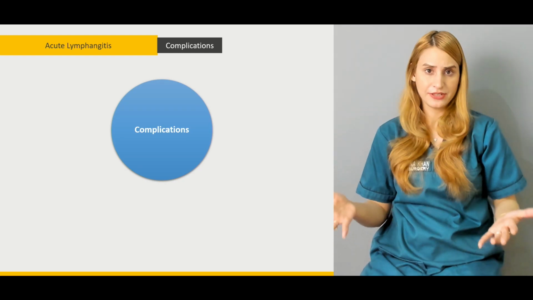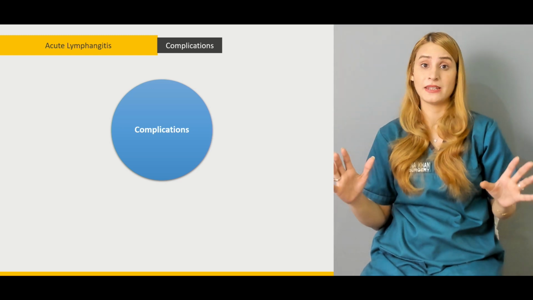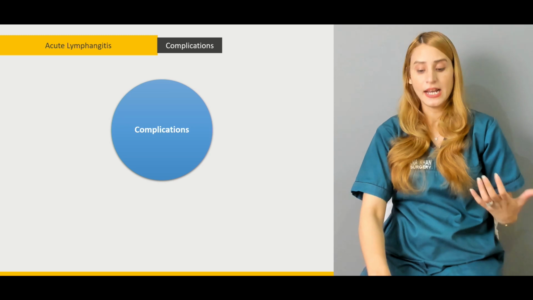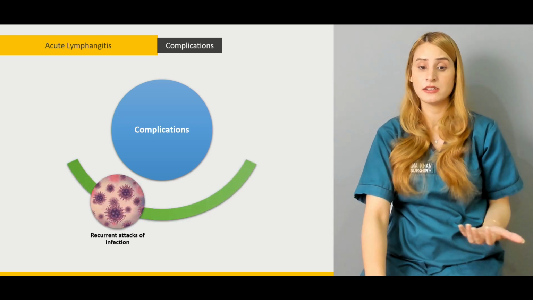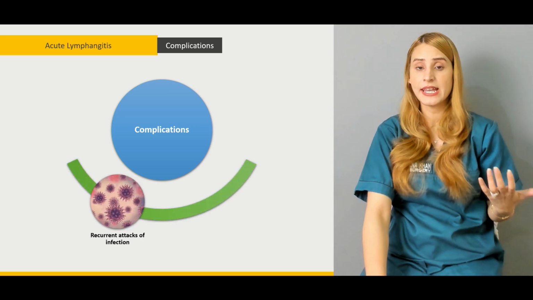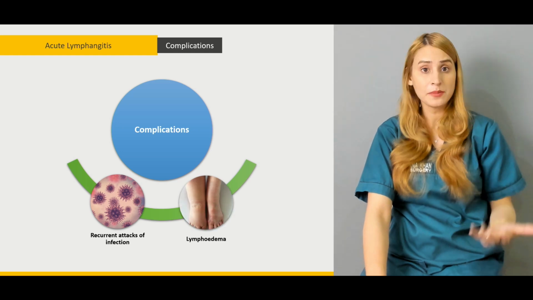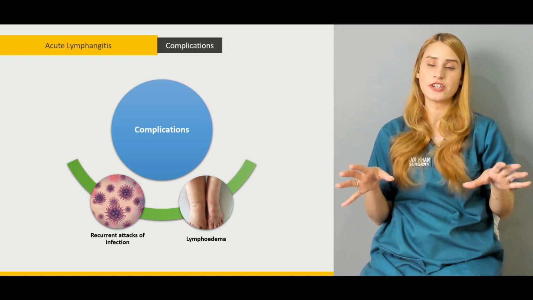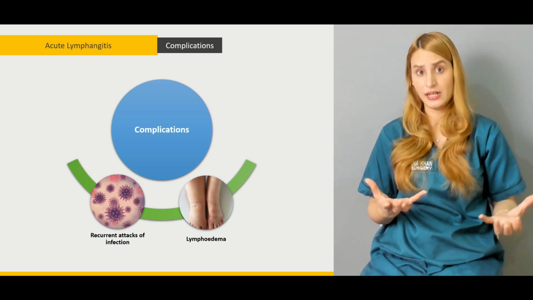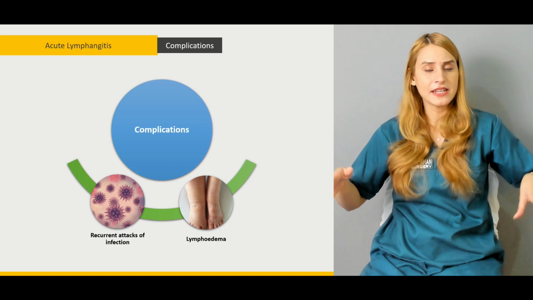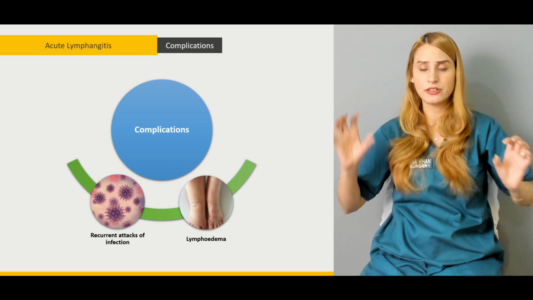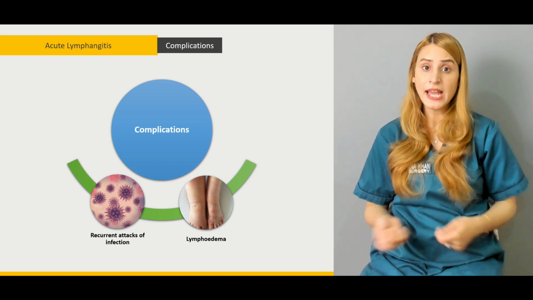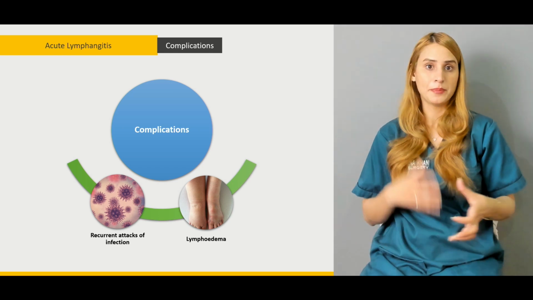There can be some complications related to acute lymphangitis, even more so when it's not treated in an effective way. The patient can develop recurrent attacks of the infection. There can be lymphoedema, because whenever there's infection there are all the signs of infection, rubor, calor, dolor, so there would be redness, pain, and edema because of the inflammation.